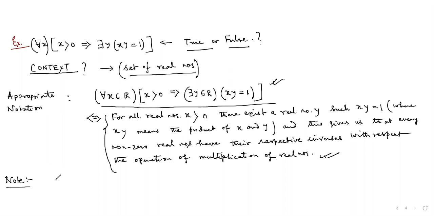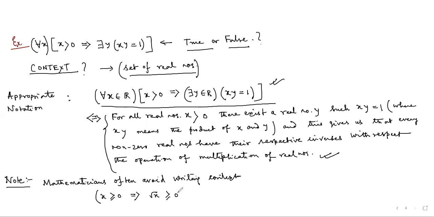So my current note is that mathematicians often avoid writing context. So what does it mean? In books, you may find that they have written that x greater than or equal to 0 implies root x greater than or equal to 0.